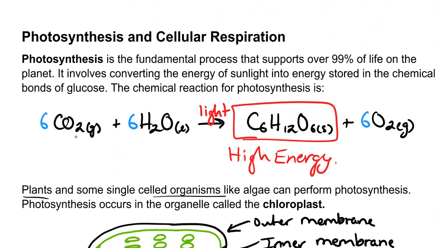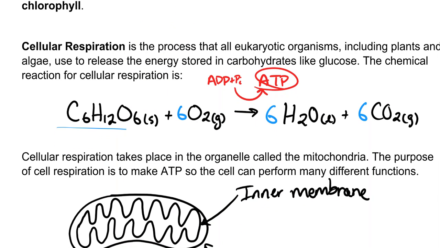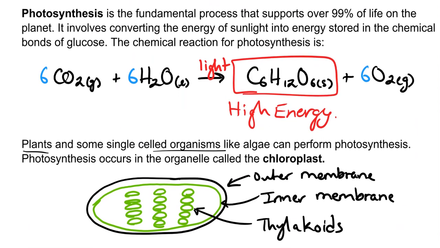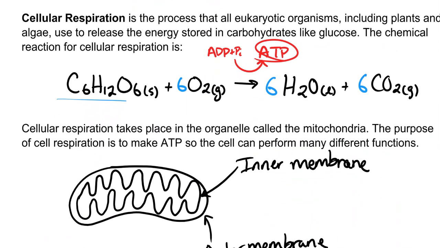Hopefully you can see photosynthesis and cell respiration are the exact opposite processes. They are exactly opposite from each other. Photosynthesis needs light. It requires light in order to go. And cell respiration uses glucose, and it makes ATP as kind of like a byproduct of the whole thing.